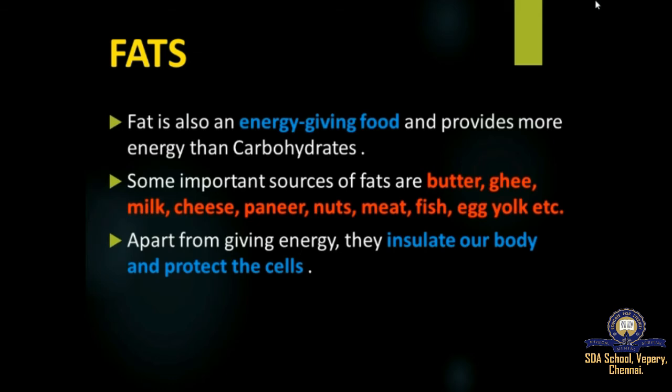So what are fats? It is also an energy giving food and it provides more energy when compared to carbohydrates. A few sources of fats are butter, ghee, milk, cheese, paneer, nuts, meat, fish, and egg yolk. Apart from giving energy, they also insulate our body and protect the various cells found in our body.